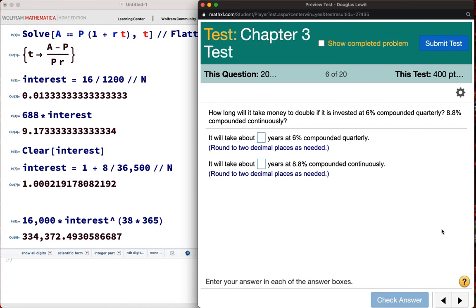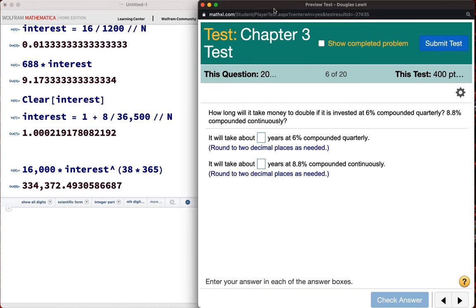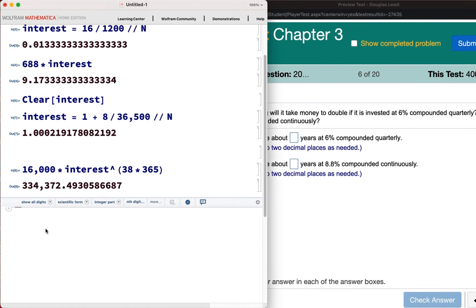How long will it take money to double if it is invested at 6% compounded quarterly? What about 8.8% compounded continuously? Okay, so let's start out with a certain amount of money. It could be whatever you want. It could be $100, okay?